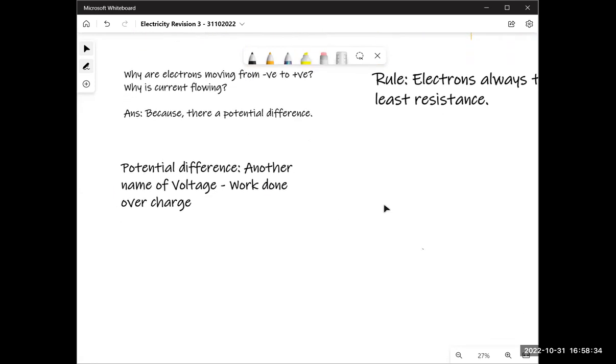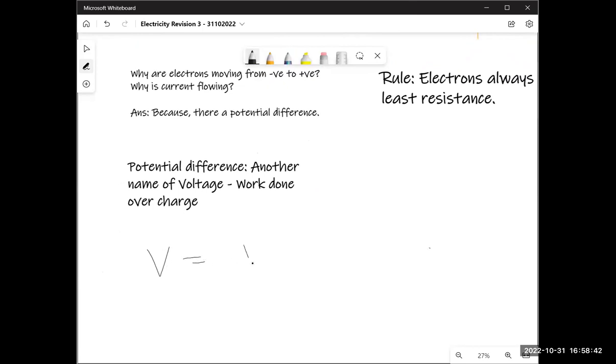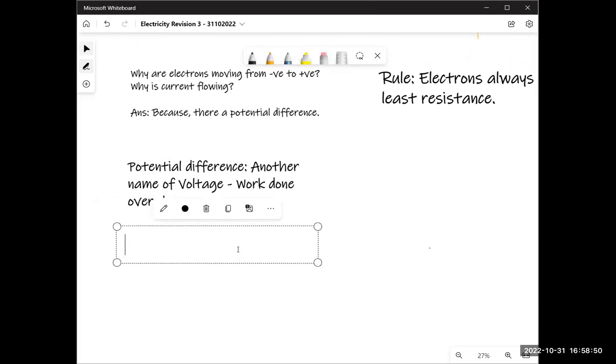The equation for this is right here. Potential difference, or we say PD, is equal to work done over charge.